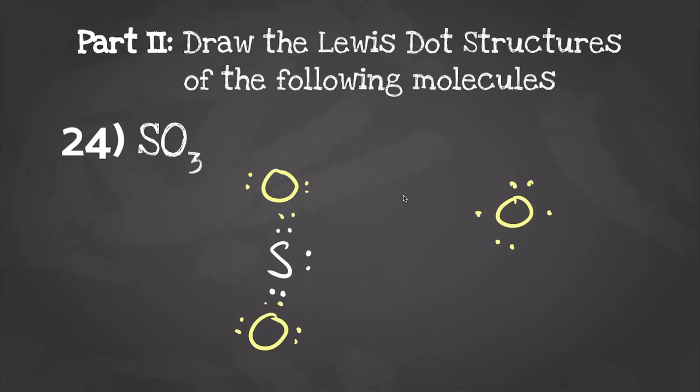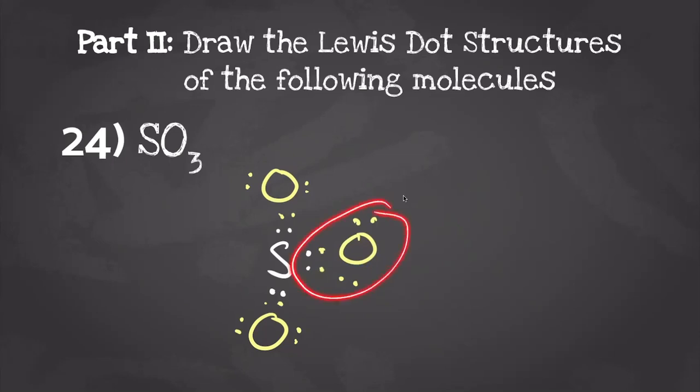Now, if you're asking, well, each one already has 8, how are we going to fit another oxygen in here? Well, the cool thing about sulfur is that since it's in the third period, it can hold more than 8 electrons. So if I move this oxygen here, it becomes a little clearer what needs to happen so that I can reach the octet.